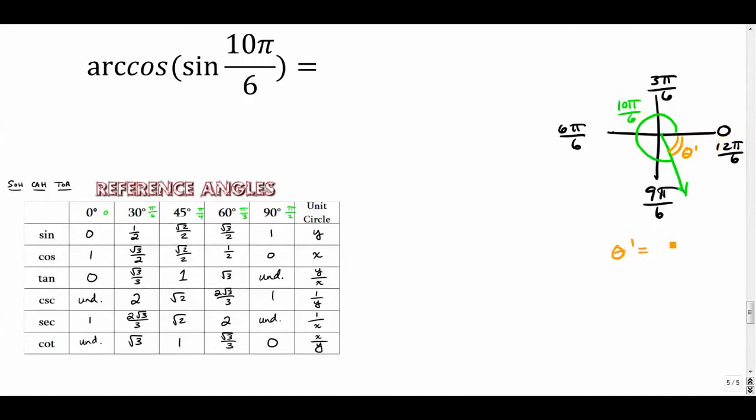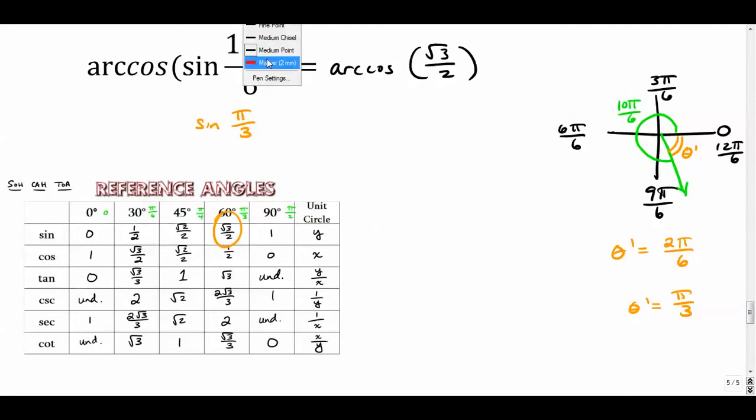The reference angle is 2 pi over 6, or just pi over 3. So I really want to know the sine of pi over 3. What's the sine of pi over 3? Well, the sine of pi over 3 is radical 3 over 2. So arc cosine of radical 3 over 2.